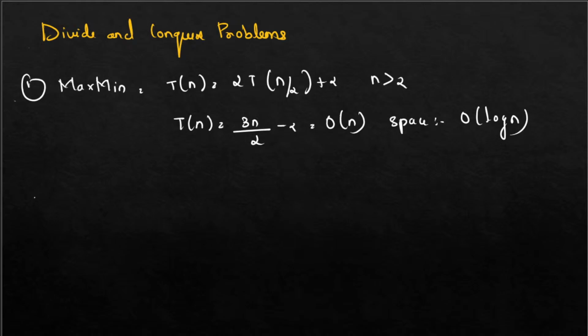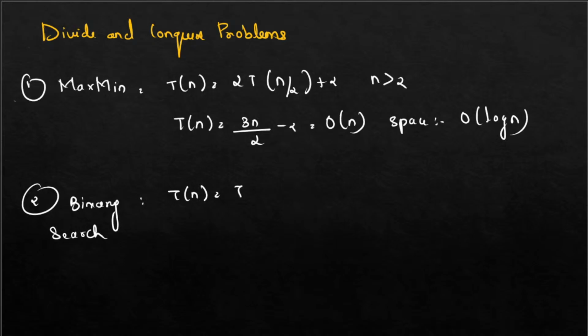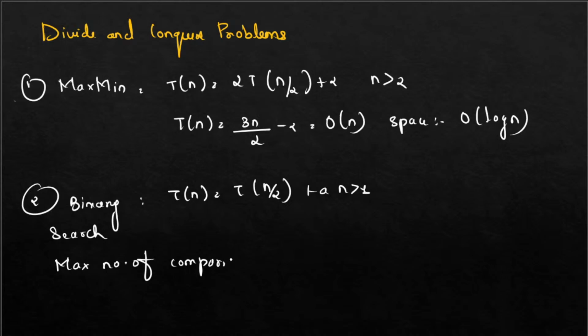Now let's talk about binary search. For binary search, T(n) is equal to T(n/2) plus a, n greater than 1. So the max number of comparisons is log n, where n is the number of elements.